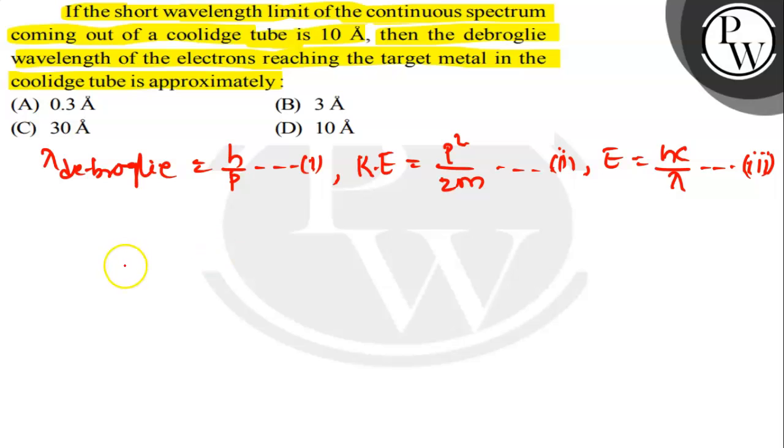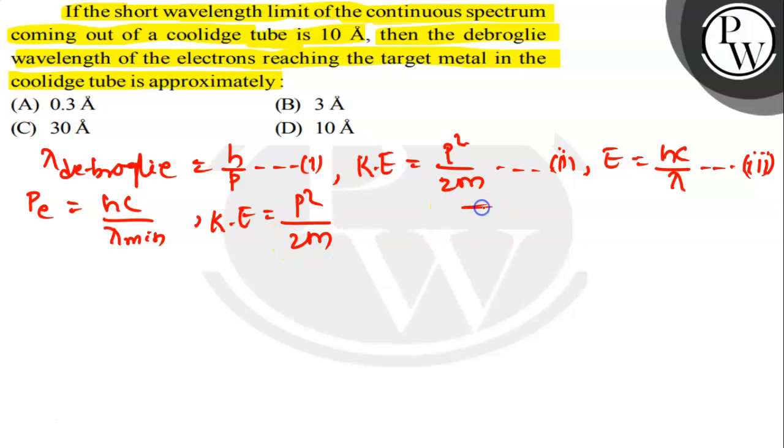The short wavelength limit of the continuous spectrum is given by, hence the energy of the photon is hc by lambda minimum. It should be equal to the kinetic energy of the electrons. The kinetic energy is p square by 2m here.